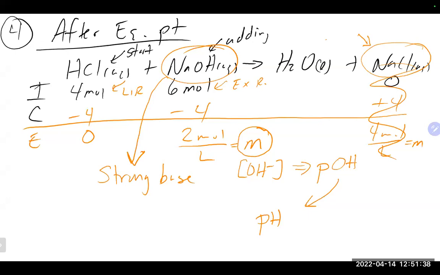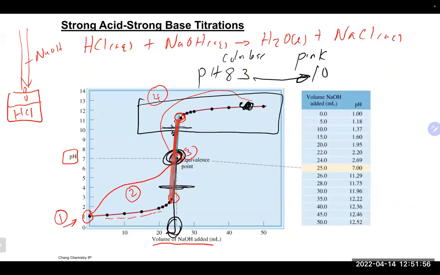So once we go past the equivalence point in this type of titration, essentially we're just dumping base in there and adding a lot of OH minus. And again, that's why we see that jump past the equivalence point. At some point, you max out your OH minus and it will plateau out, which is what we see at the very top of the curve.